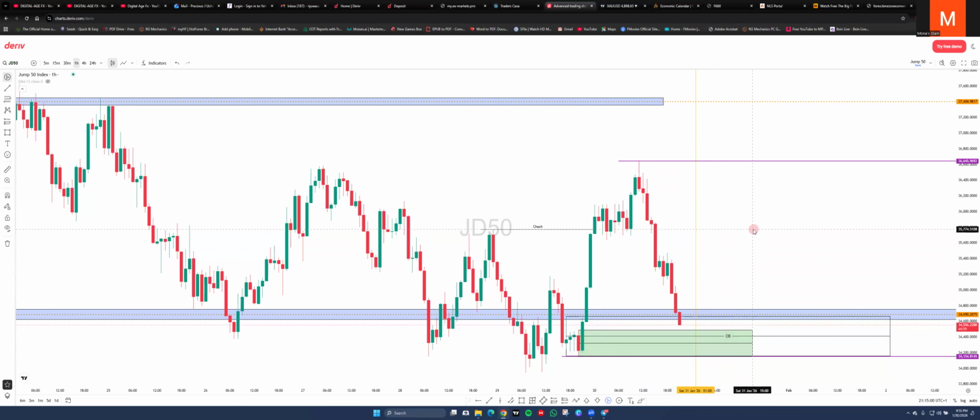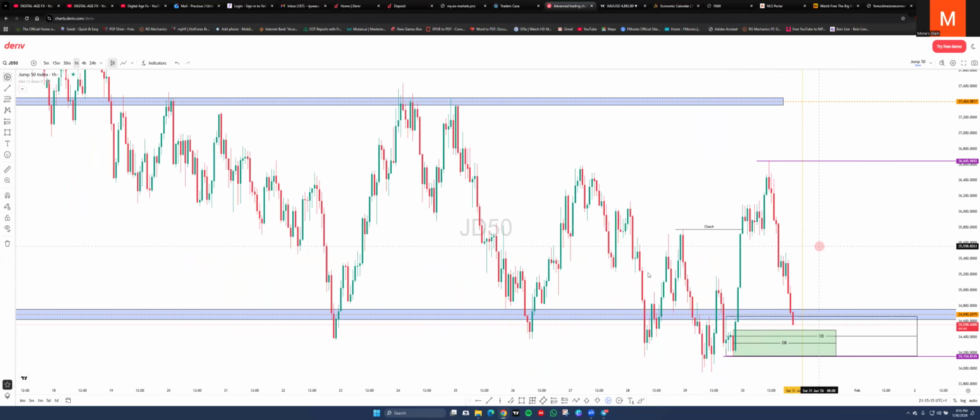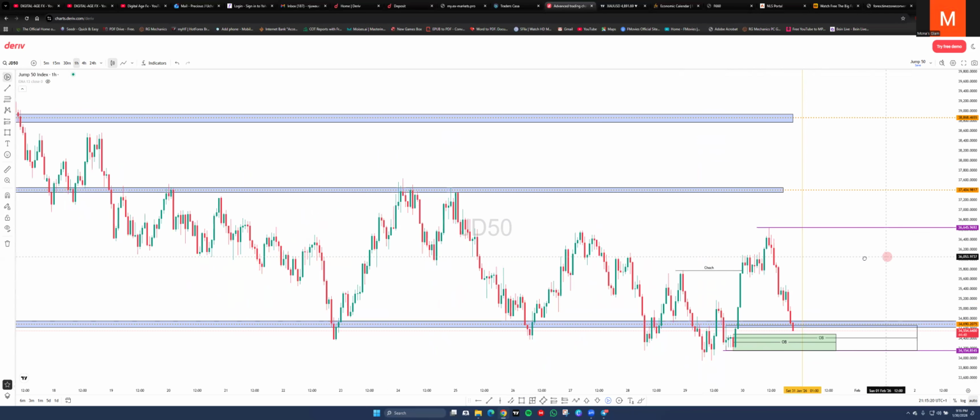So we know where the market comes to, we know what we are expecting. There's another block here. The market could come test this and shoot back up, but we don't know that at the moment.